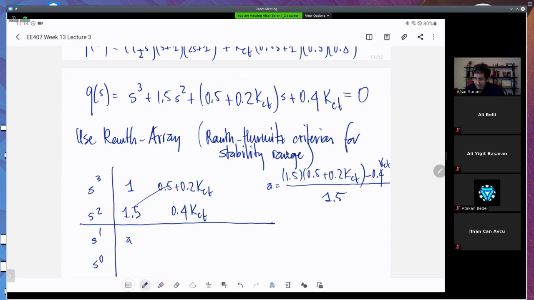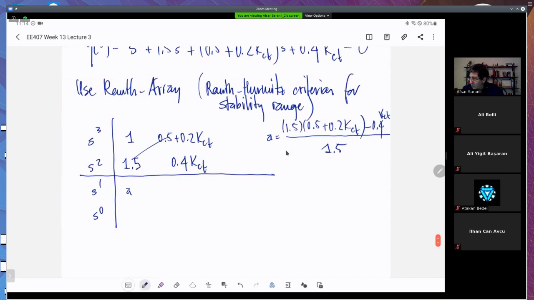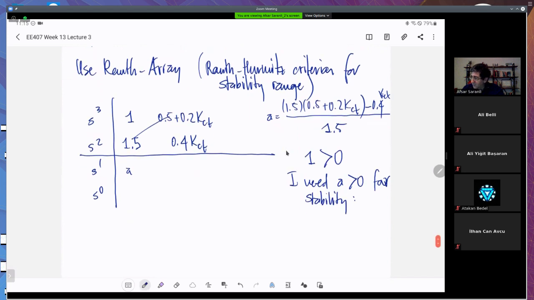So you see that since 1 is positive, I need A being positive for stability. Let me write that down. If I expand, I will have 0.75 plus 0.3 KC minus 0.4 KC as the numerator. This has to be larger than 0 because the denominator is 1.5, a constant.